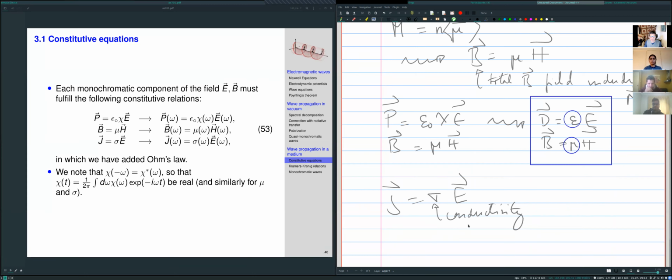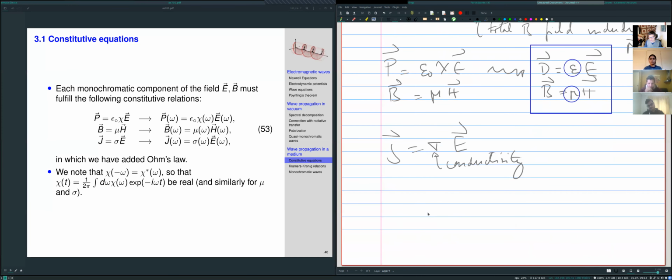Now I think this should be fairly standard to you, but now comes the trickier part, and it's equation 53 in my slide. We will write them again, but not in terms of the standard signal for B or E or J, but rather in terms of their harmonic decompositions.